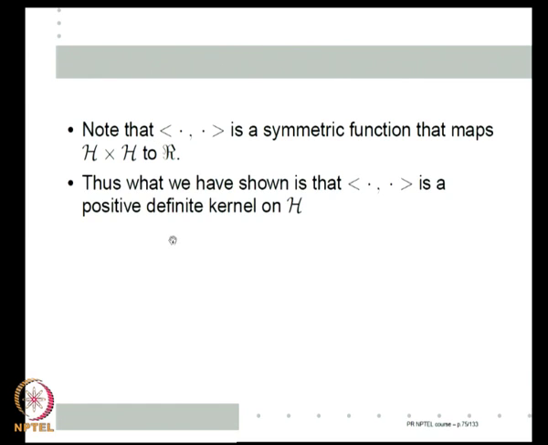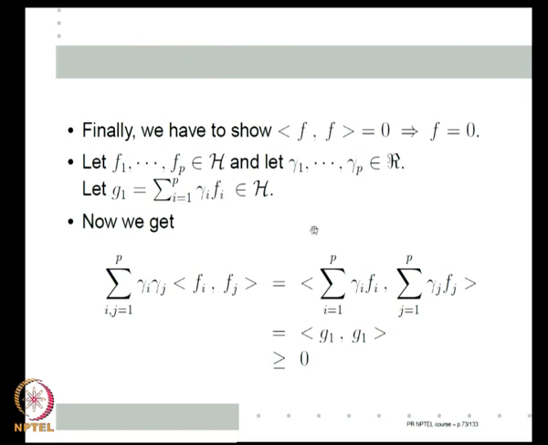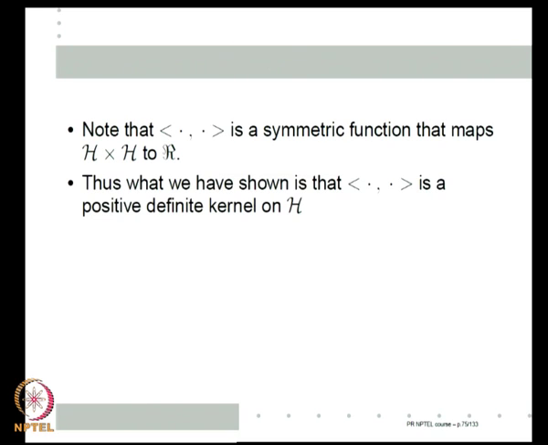Any such symmetric function that satisfies this is a kernel on H. So, what we have shown is that the inner product function, which maps H cross H to R, is in fact a positive definite kernel on H.